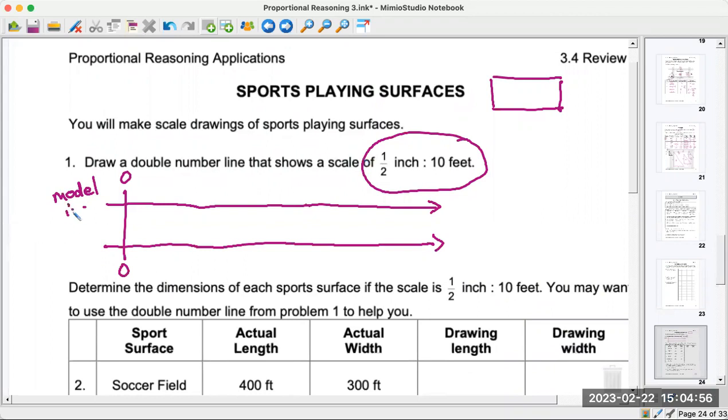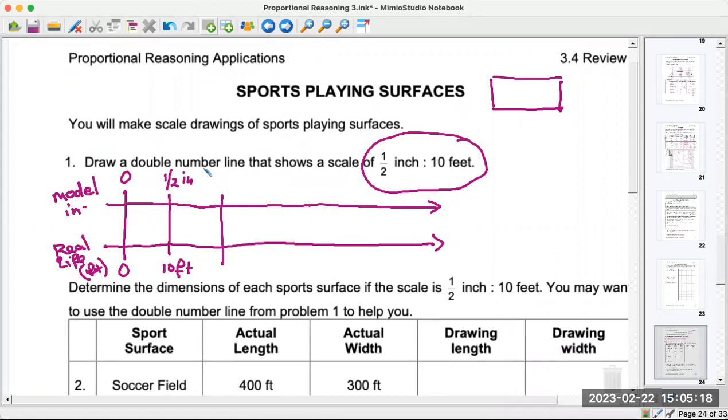So the model is inches and the real life, as I sometimes call it, is in feet. And we have the first one, 1/2 inch is 10 feet. So on our model, 1/2 inch is 10 feet.